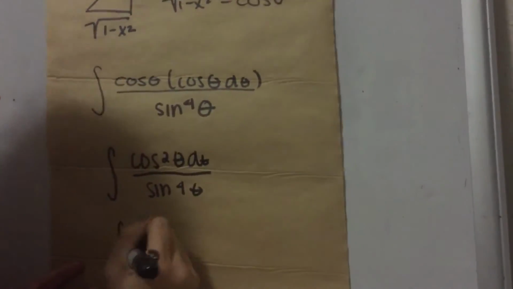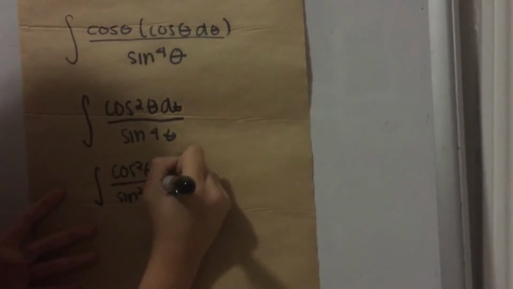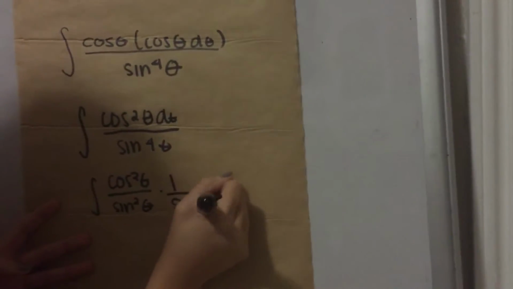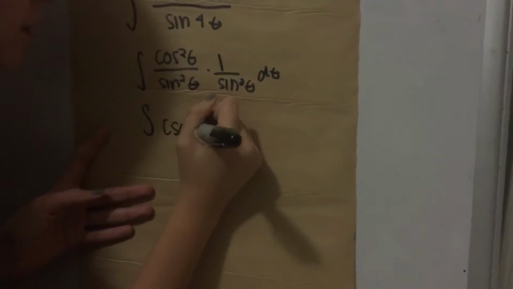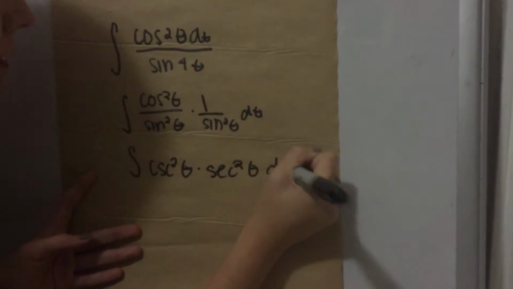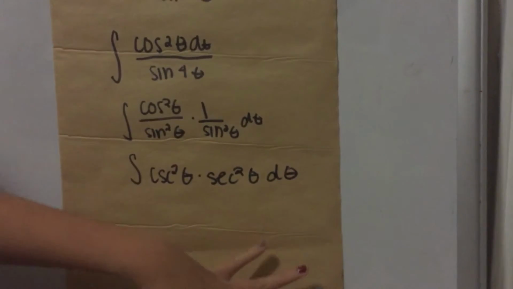Okay, so let's separate this a little. We get cosine squared theta over sine squared theta times 1 over sine squared theta d theta. Rewrite this as cotangent squared theta times cosecant squared theta d theta. Here, if we look, we can use substitution, right?